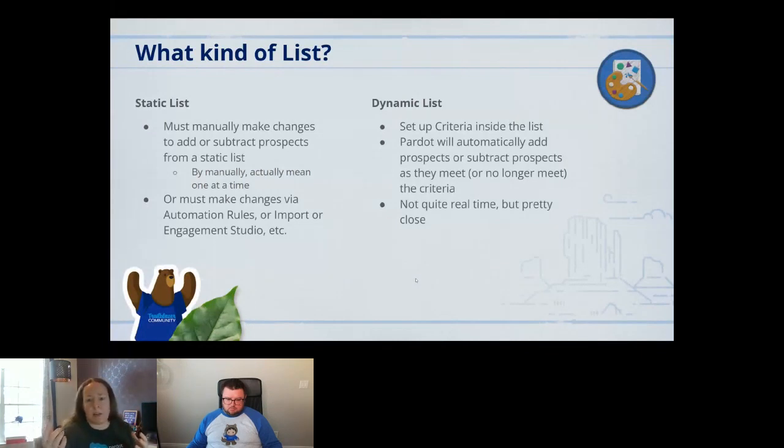So dynamic list is simply a checkbox upon list create. You're going to set up criteria inside the list, and then Pardot just runs continually in the background, automatically adding them to the list when they meet the criteria. And if they no longer meet the criteria, they fall off the list. It's not exactly real time. Nothing in Pardot really is, but it's pretty close. So Pardot's kind of continually running, looking for people to add and subtract to dynamic lists.